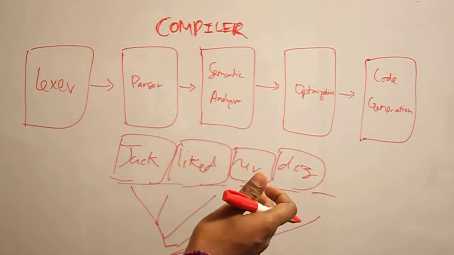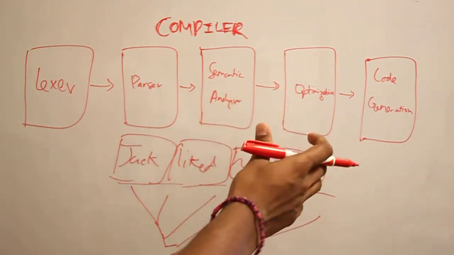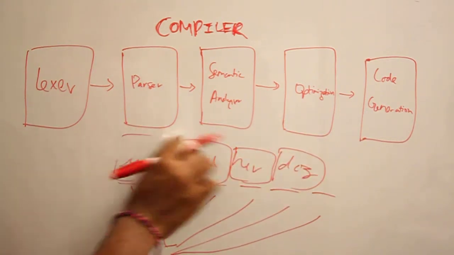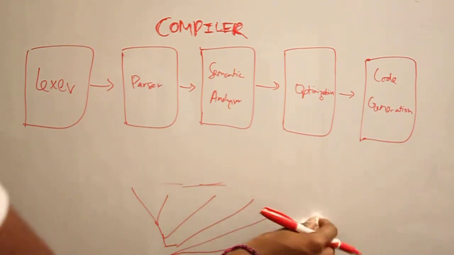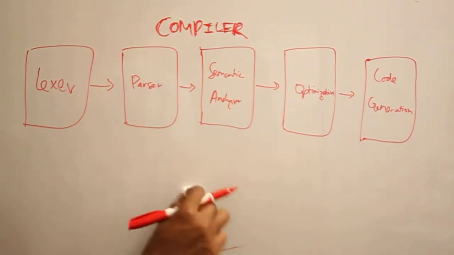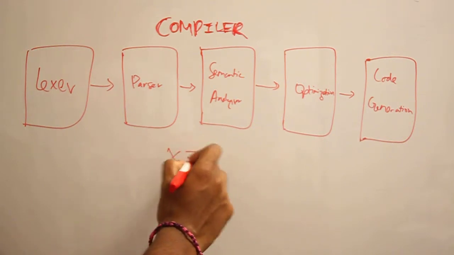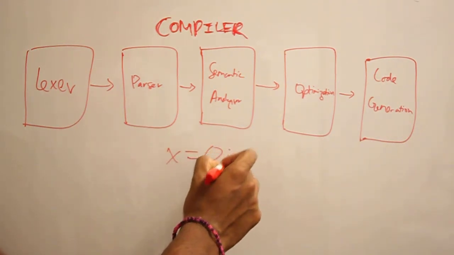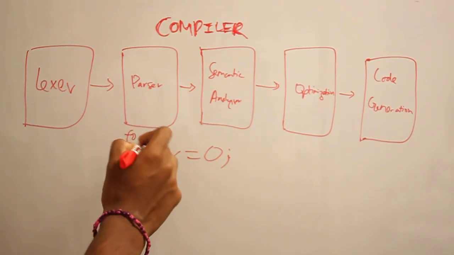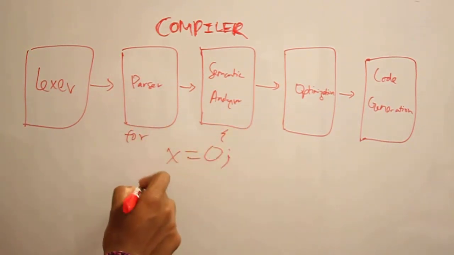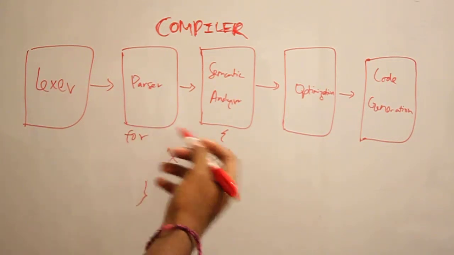And then once you have checked for these things and shown the errors to the user, then you can do some kind of optimization. Optimization, unfortunately, doesn't have an equivalent in human speech, but you can think of some simple optimizations that you might do. Let's say you have some variable x that was set to 0, and then you have a loop around this variable, and every time it goes through the loop, all it does is set the variable to 0.